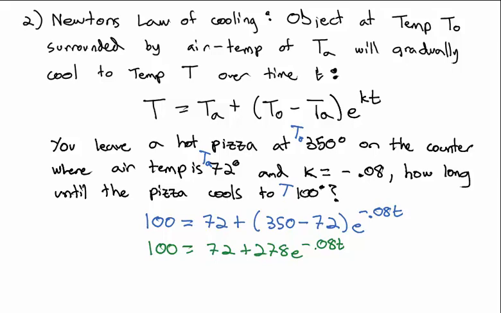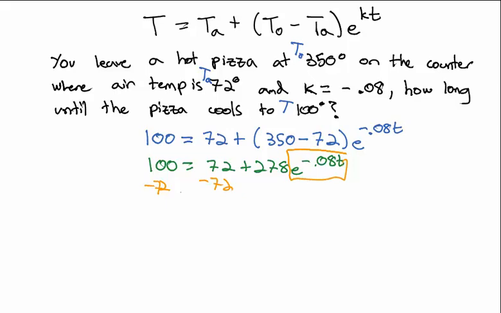And so to get it out of the exponent, we're going to need to write it as a natural log. However, we can't do that until that part is alone. We're trying to isolate the part with the exponent. So first we'll subtract the 72 from both sides to get 28 equals 278 e to the negative 0.08 t.